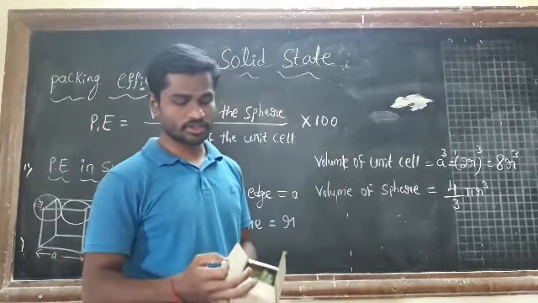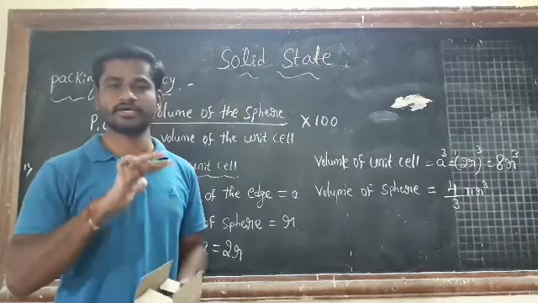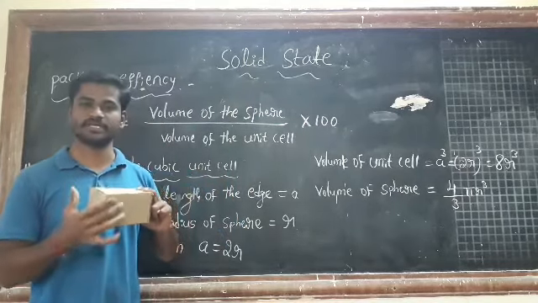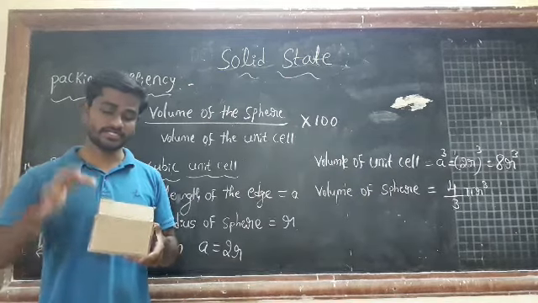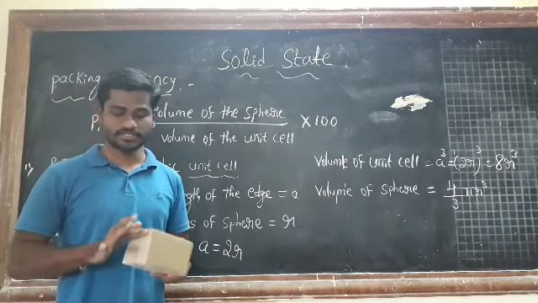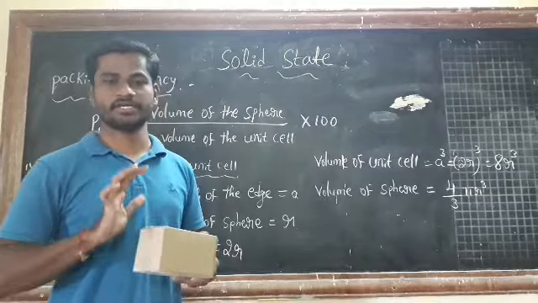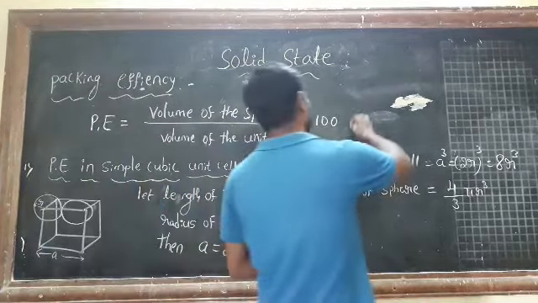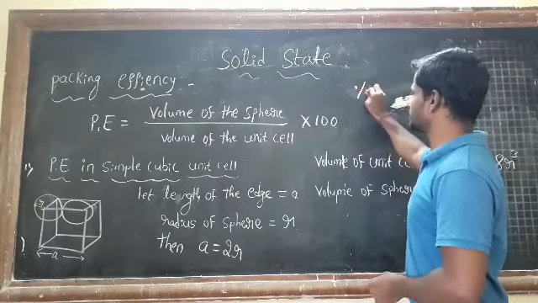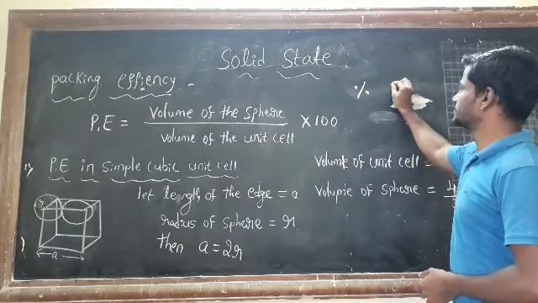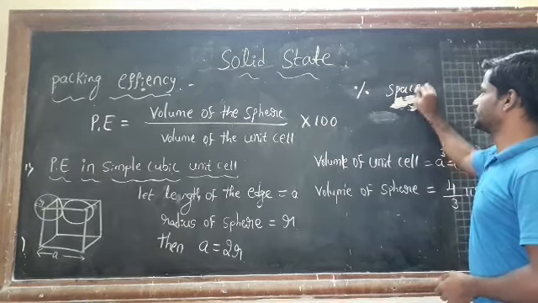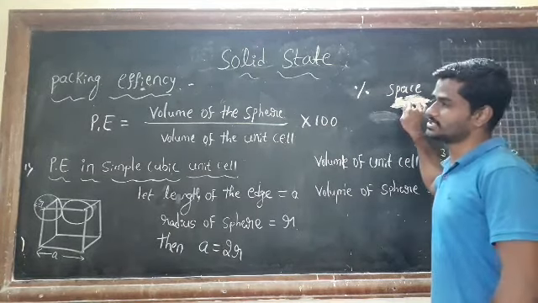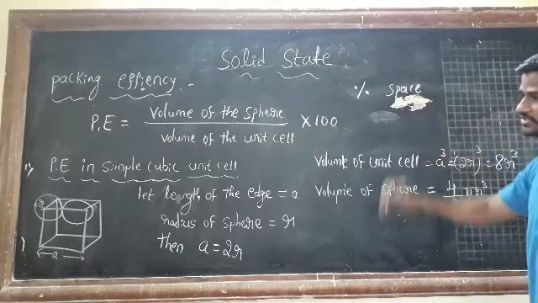How much amount of the space is occupied in this unit cell, that is called the packing efficiency. Packing efficiency is the total percentage of the space which is occupied in a unit cell.